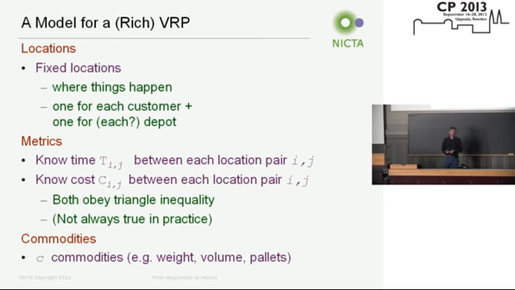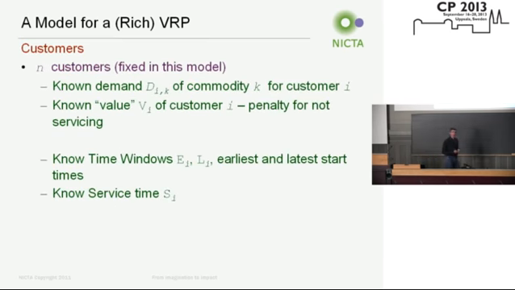Commodities, I'm going to have multiple commodities. Weight, volume, pallets, whatever you need. And I'm going to use the name commodities for the stuff that I'm moving. Okay, then we move to our customers, and we're going to have a fixed number of customers. We're going to call that N. And for each of our customers, we know the demand for each of the commodities.